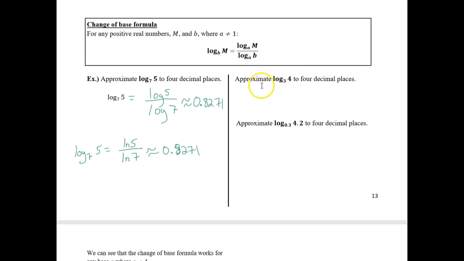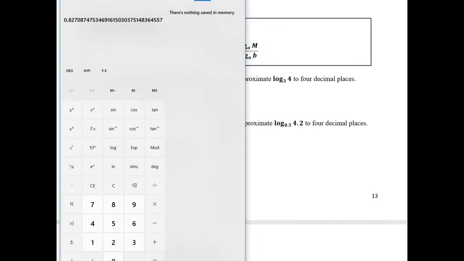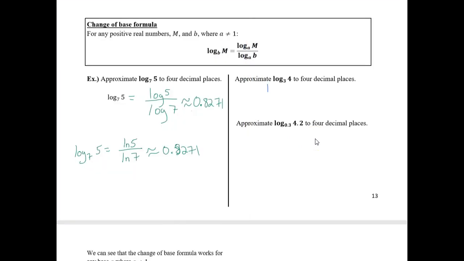Alright, it says approximate log base 3 of 4 to 4 decimals. Log base 3 of 4 is the same thing as log of 4 divided by log of the base. Right? So the base went on bottom. I have to take the log of both of those.